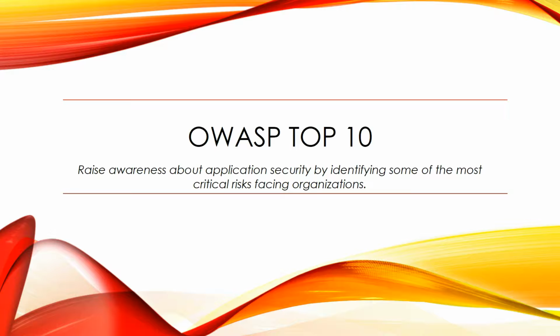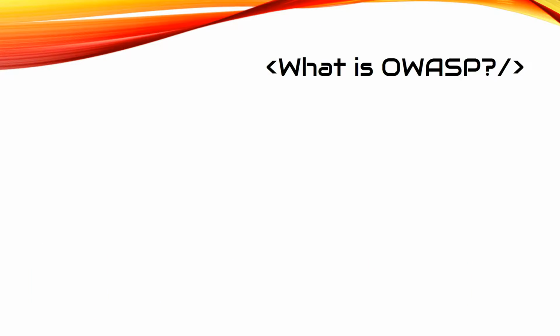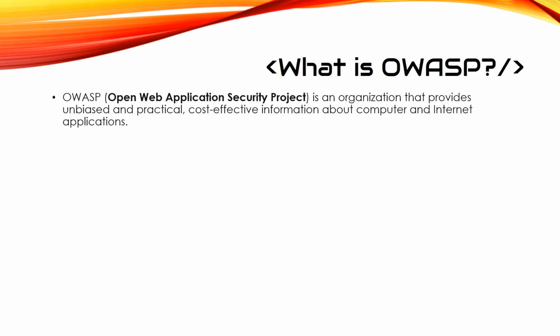OWASP Top 10. Raise awareness about application security by identifying some of the most critical risks facing organizations. So, what is OWASP? OWASP is the Open Web Application Security Project. It is an organization that provides unbiased and practical, cost-effective information about computer and internet applications.